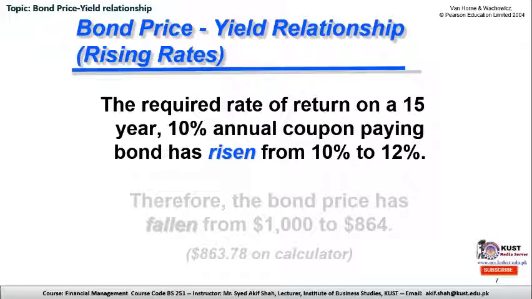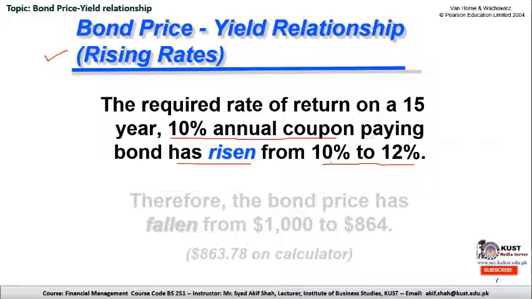So we can infer that when the market required rate of return increases, the bond price will fall. With the help of the valuation table and valuation formula that we have discussed in previous lectures, we can calculate its new price. So the required rate of return on the 15-year, 10% annual coupon paying bond has risen from 10 to 12%.